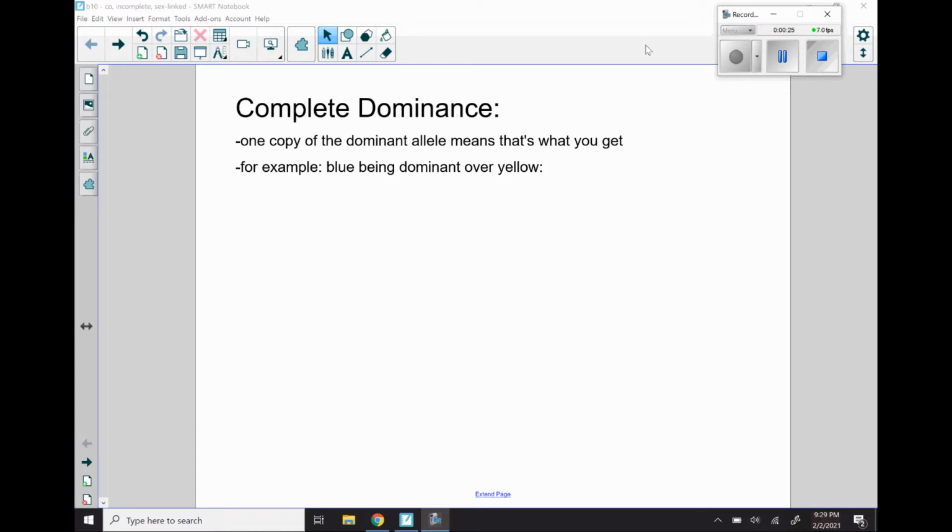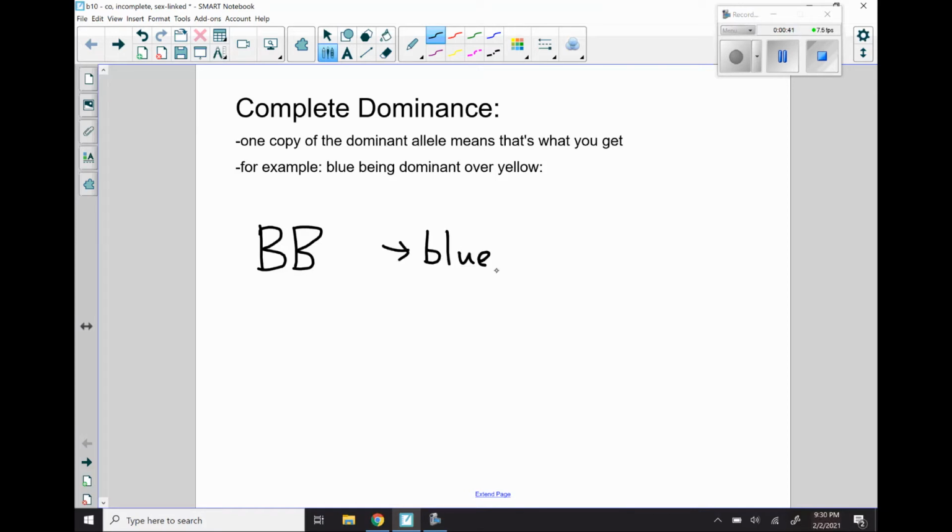For example, if blue was dominant over yellow for a color of something, then having two copies of the dominant allele would mean that your phenotype is blue. Having two copies of the recessive allele would mean your phenotype is yellow.